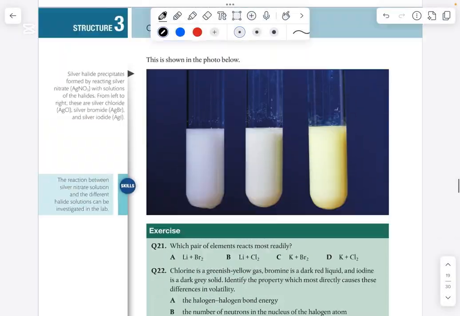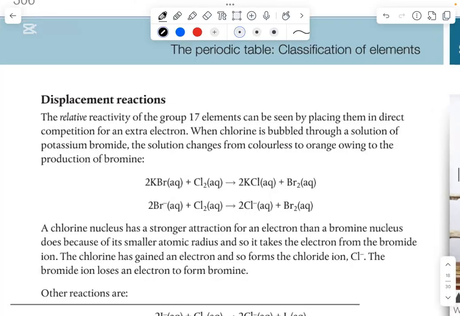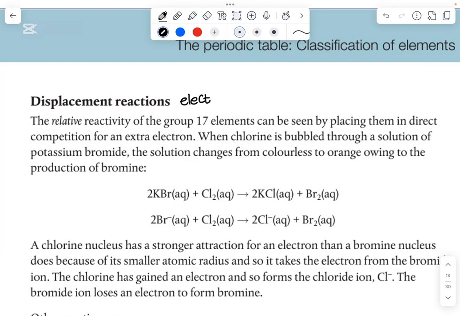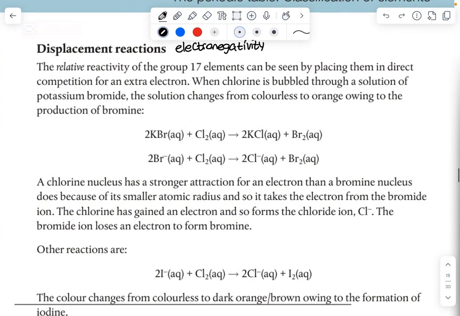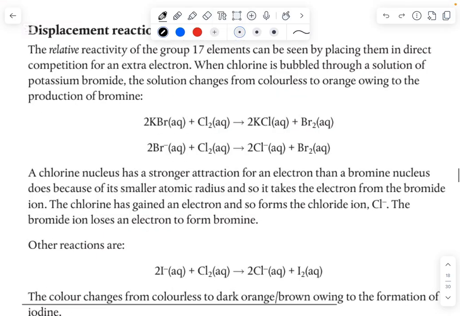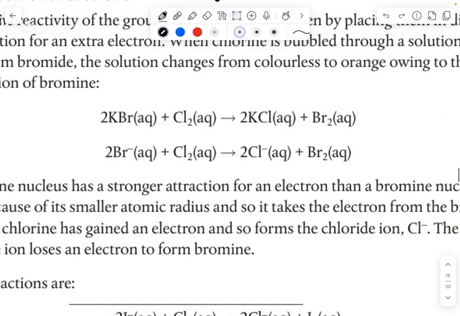Now let's learn about displacement reactions. Displacement reactions are all about electronegativity. Let's take a look at this reaction. A chlorine nucleus has a stronger attraction for an electron than a bromine nucleus. So what does that mean? Right now, chlorine has an oxidation state of 0, and bromine has an oxidation state of -1.